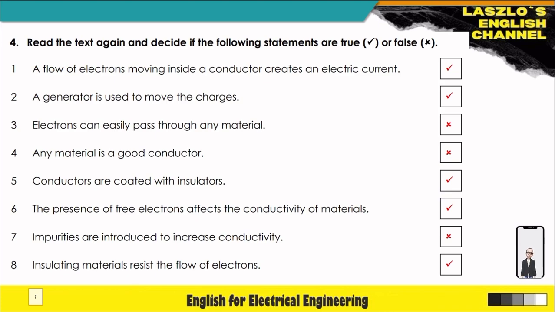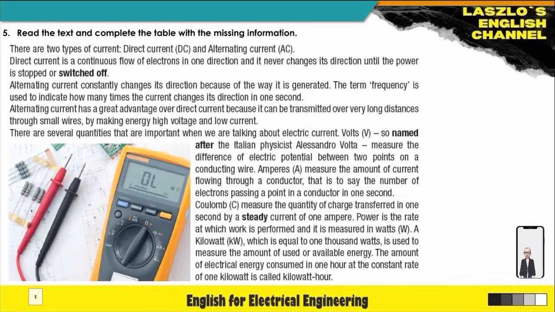Right. We've got one more text to have a quick look at. Let's go through this one right here. There are two types of current: direct current, DC, or alternating current, AC, AC-DC.